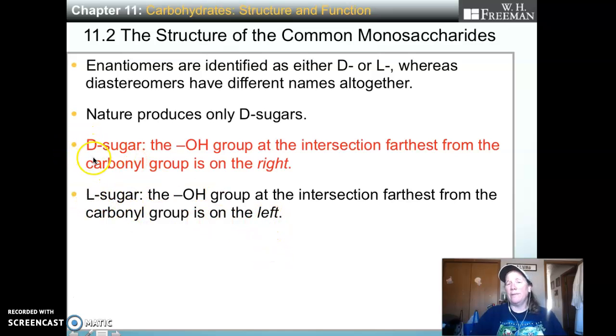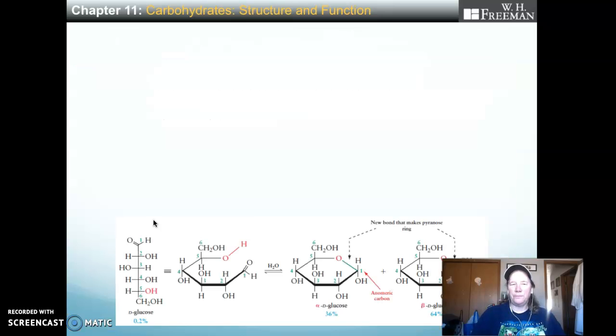It would have been nice if it would have been R sugar for right and L sugar for left, but that would make sense. So anyway, in nature, you only get D sugars. So your OH group always is on the carbonyl group on the right; with an L sugar, it's on the left. Okay, and again, not a big deal. Just wanted to show you that in case it comes up. It's just a little different where the structures are.